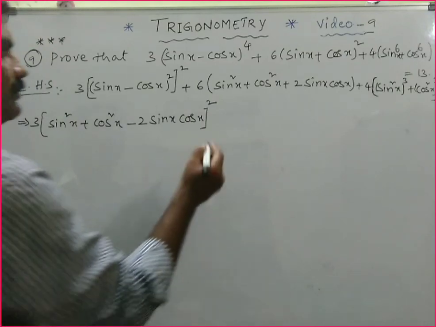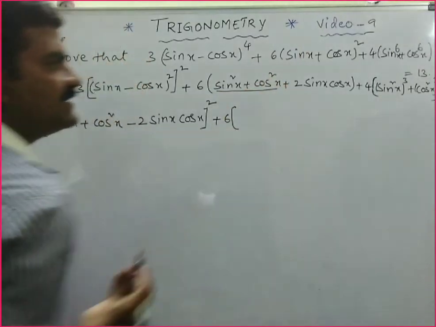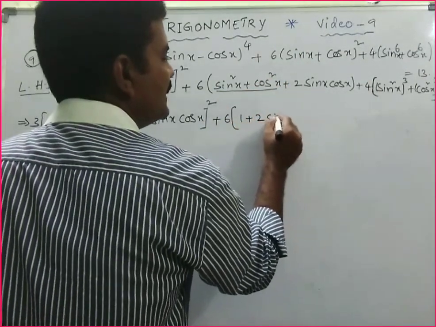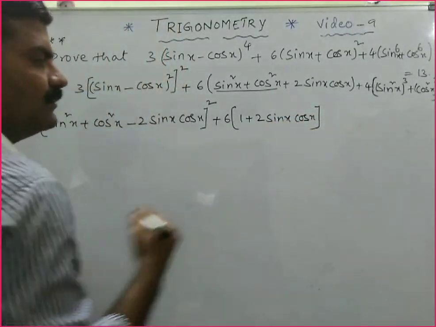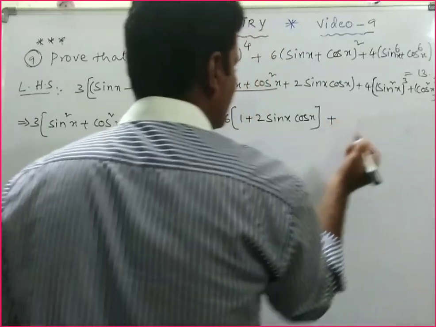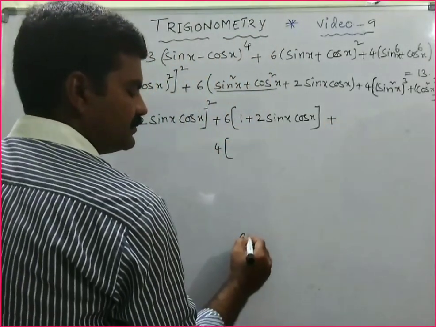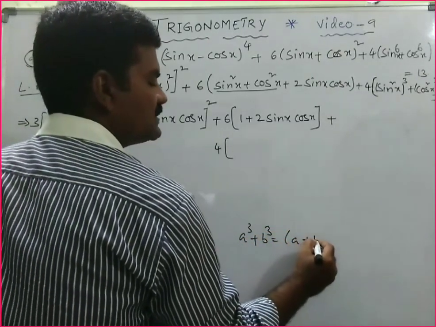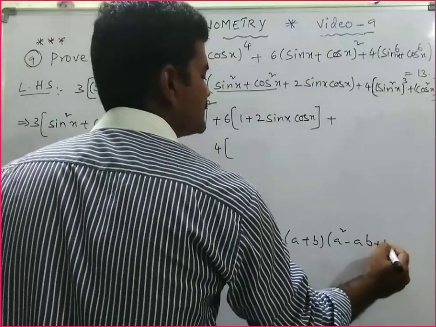Okay, now plus 6 into, this part sin square x plus cos square x is 1 plus 2 sin x into cos x. Fine. Plus 4 into, a cube plus b cube. How can we write a cube plus b cube is equals to a plus b into a square minus ab plus b square.